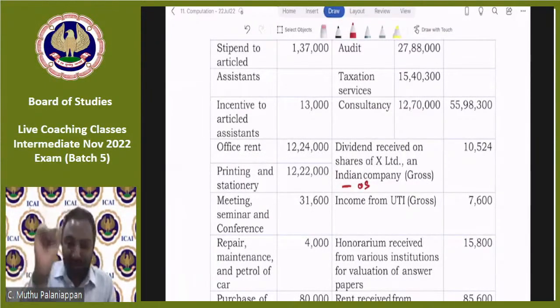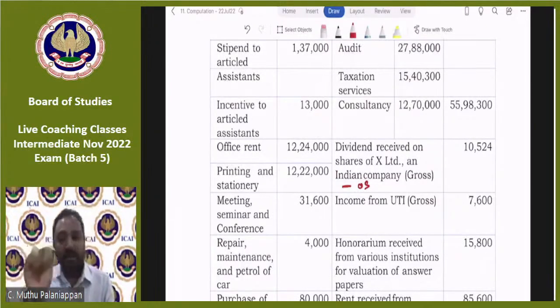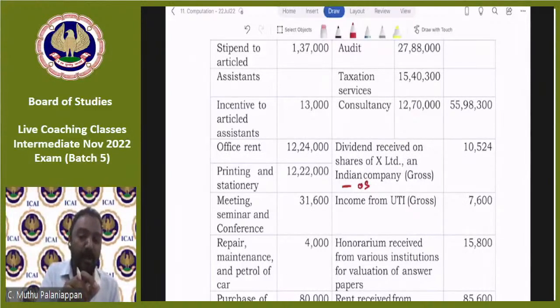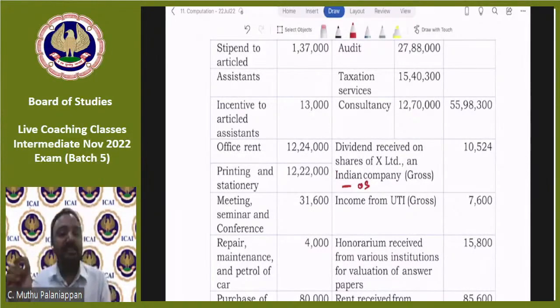While reading the question itself, you start marking the question paper on what you should actually do. So when I read this dividend, I know that I need to reduce it from my PGBP profits and consider this under other sources. So there is one minus and one treatment under OS.